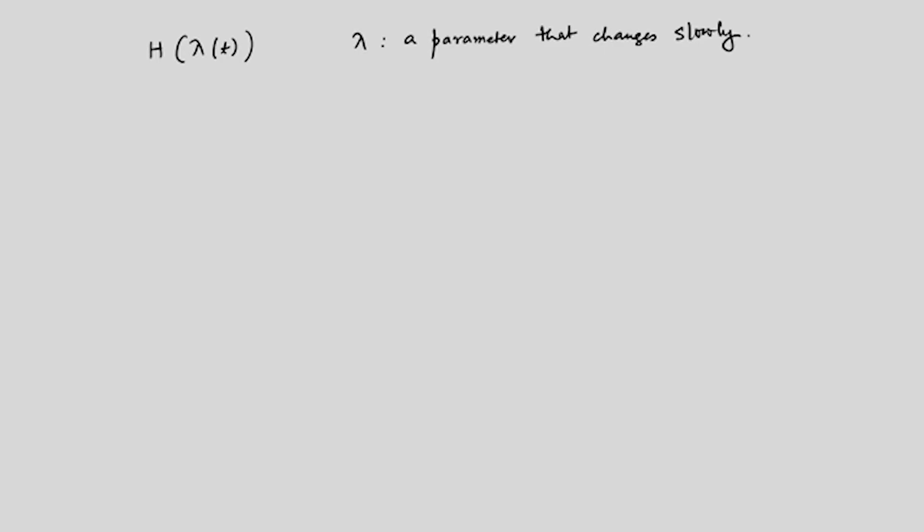Okay. So the understanding from the problem that we have stated before is that if a system is in the nth eigenstate of H lambda 0, it will continue to be in the nth eigenstate, a particular eigenstate of H lambda of t.